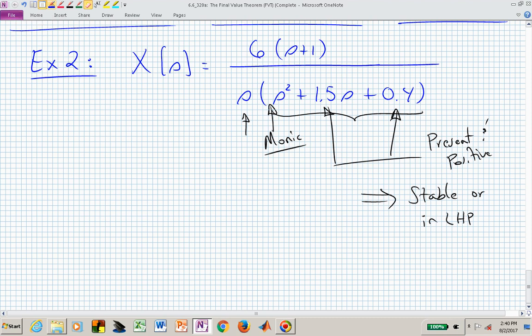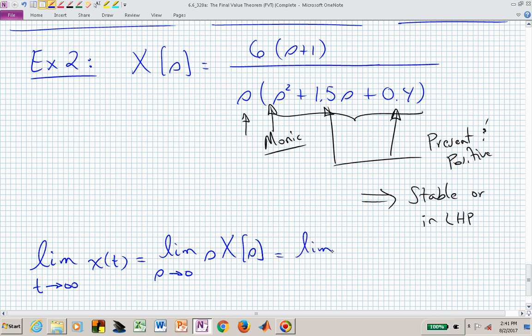We can now apply the final value theorem, which says that the limit as t goes to infinity of x of t is equal to the limit as s goes to 0 of s capital X of s. That's now the limit as s goes to 0 of 6s plus 1 over s squared plus 1.5s plus 0.4.